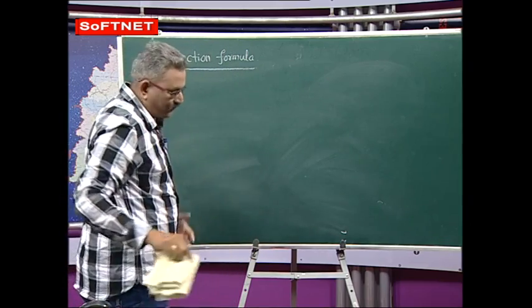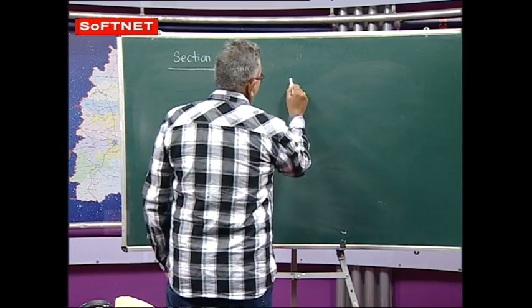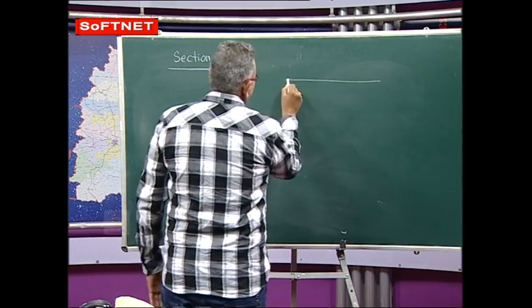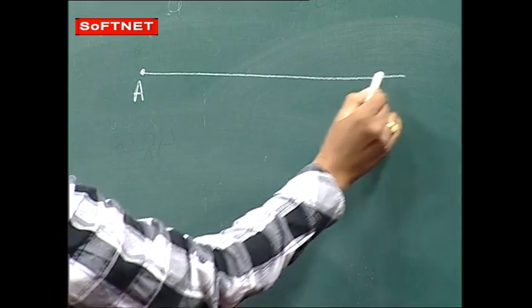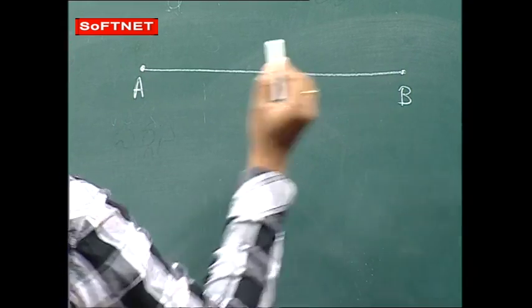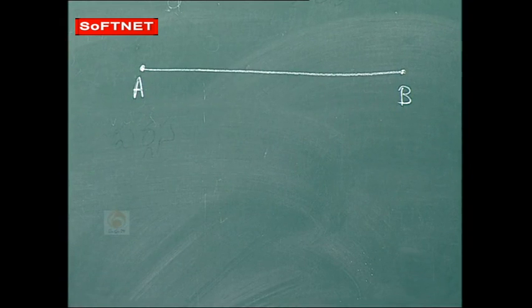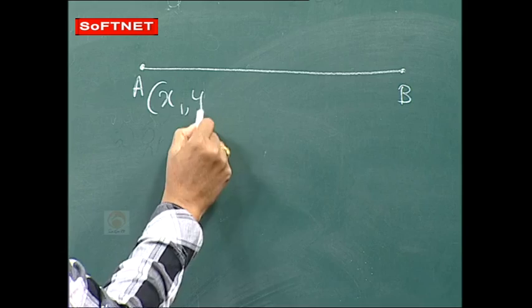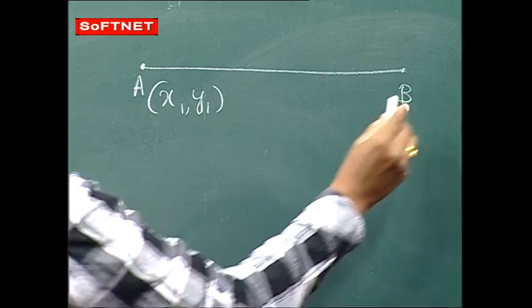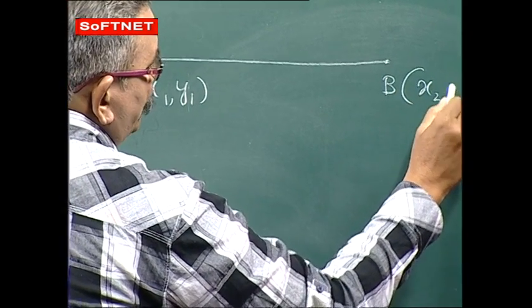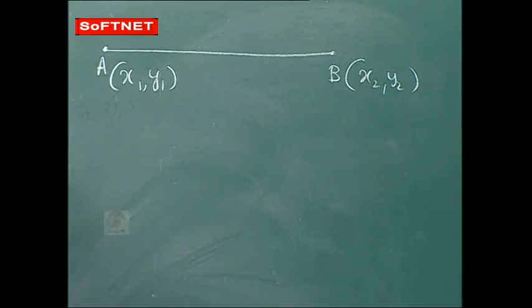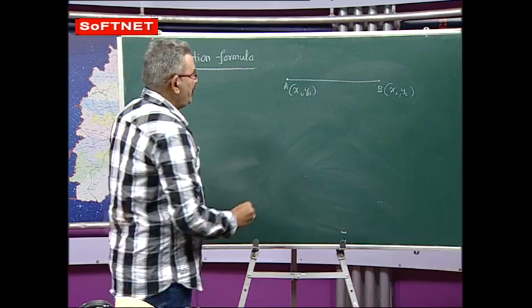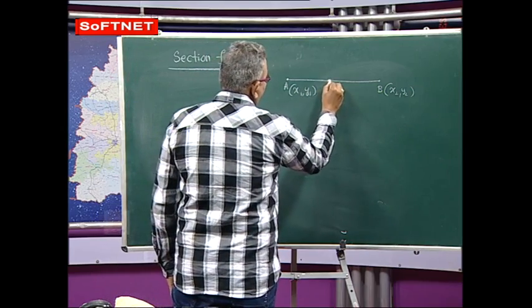So, one more. Suppose this is A point, this is B point. Here let A coordinates be x1, y1, B coordinates be x2, y2, and P be the midpoint of AB.